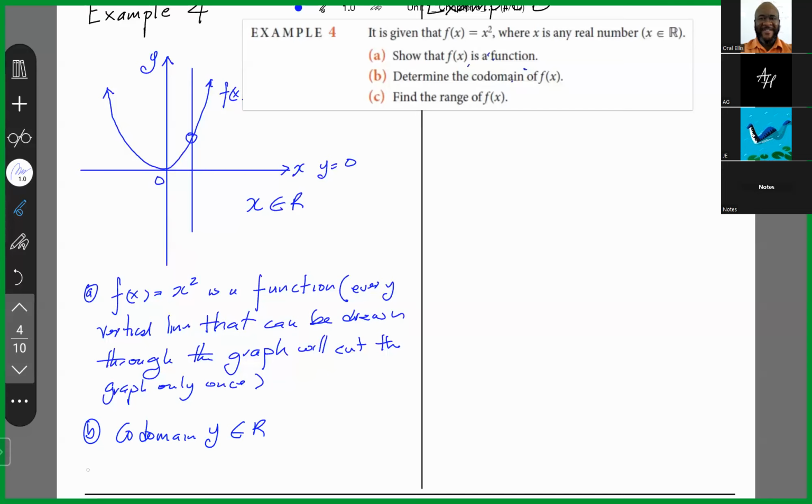But the range elements, these are values of y that have a corresponding x value. The range is y is greater than or equal to 0, or you could say y is an element of the set of what? Positive real numbers. Y is an element of the set of positive real numbers.